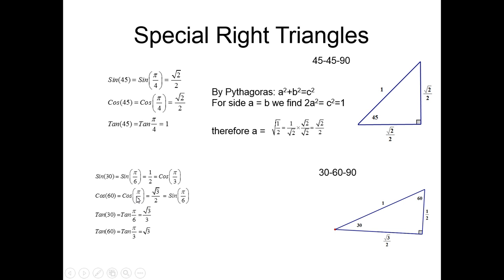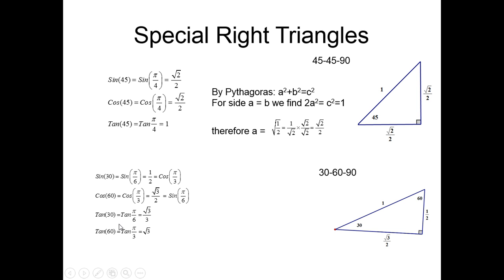The cosine of 60 degrees is root 3 over 2 over 1.